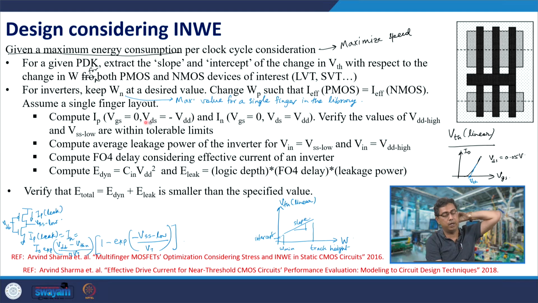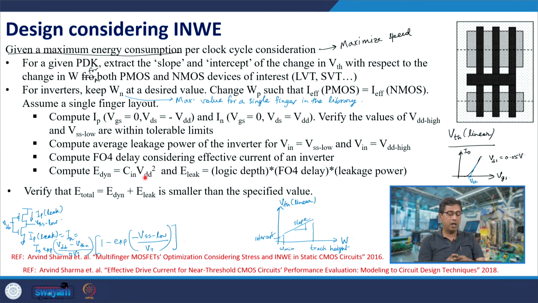This current into VDD when the input is VDD, and when the input is 0, this current into VDD, is the leakage power. Consider that the input is logic 1 and logic 0 for almost equal amounts of time, then just take the average of these two currents and multiply it with VDD. That is the average leakage power of the inverter.